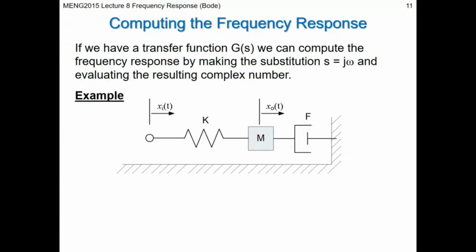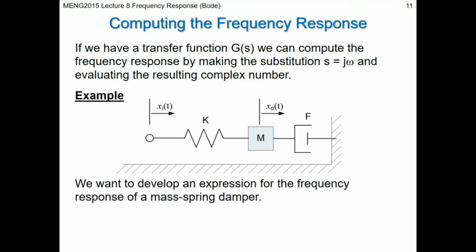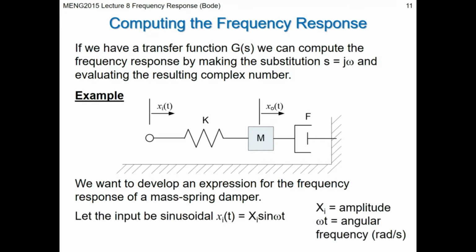So we're going to use the same mass spring damper system that we used before when we did the mathematical modeling. We derived the equation of this mass spring damper, and so I don't need to go through that derivation again. It's fairly straightforward. The main change now is I'm going to take the differential equation, but I'm going to put an input xi.